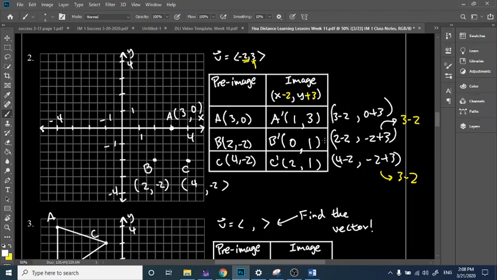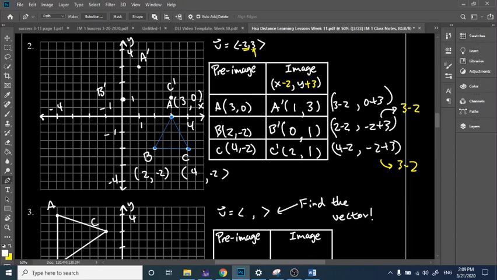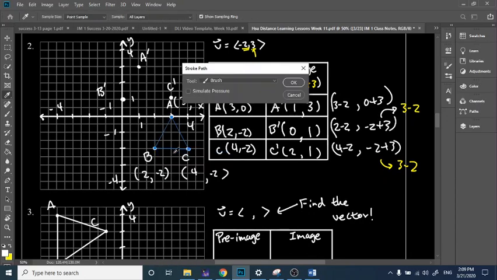So now let's graph that. 1 comma 3, and label that A prime. 0 comma 1, label that B prime. And then 2 comma 1, we can label that C prime. So let's draw those triangles so that we have the image and the preimage.